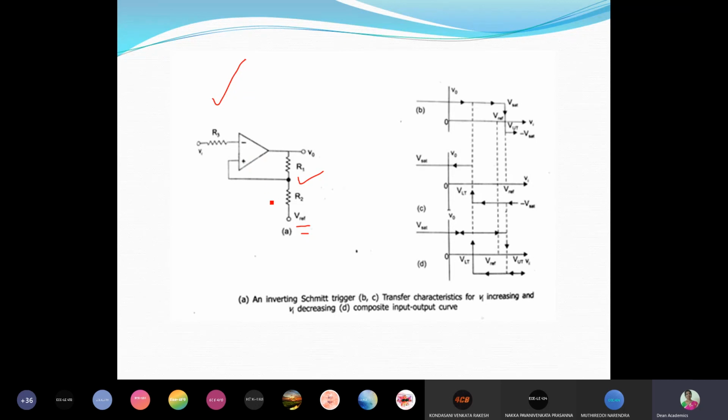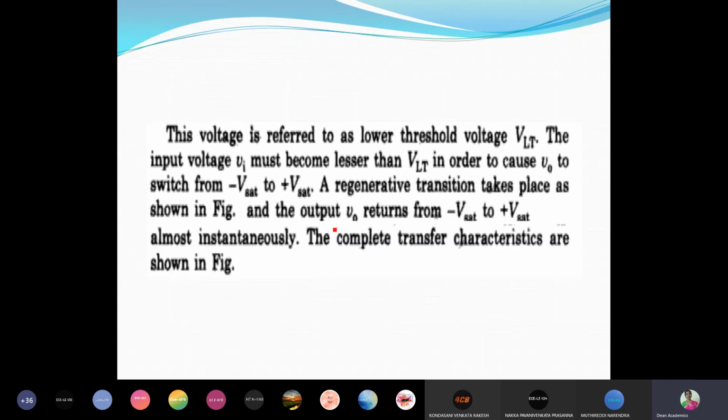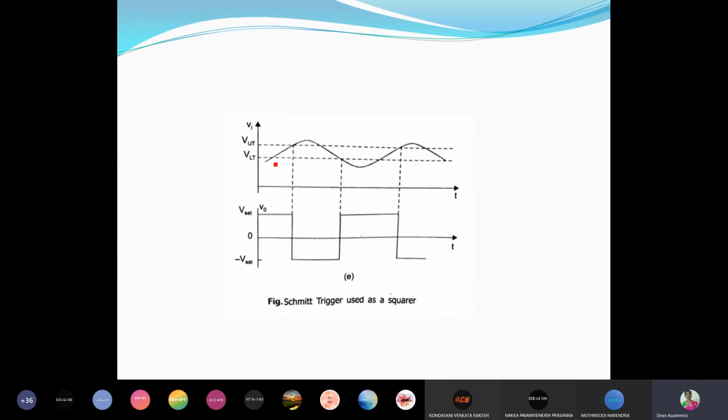So this is about the Schmitt trigger, right? These trigger voltages: one is called the upper threshold point, and the other is called the lower threshold point.